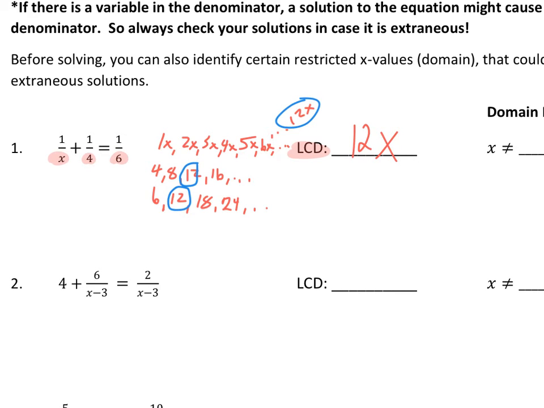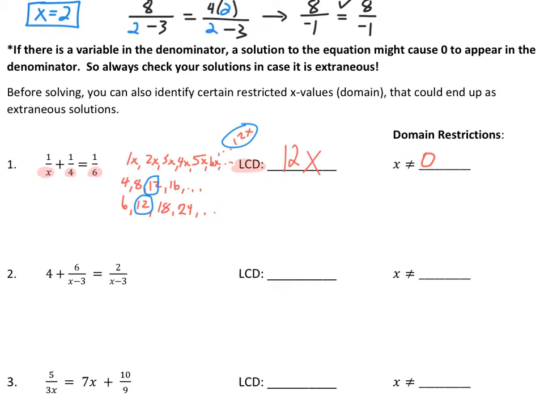There's nothing going on in the denominator except the x, so x itself can't be 0. So x cannot equal 0 over here, because then you're going to get 1 over 0, which we can't have. That's what would happen if you plug it into that first fraction. So that's undefined, 1 over 0, therefore x cannot equal 0.